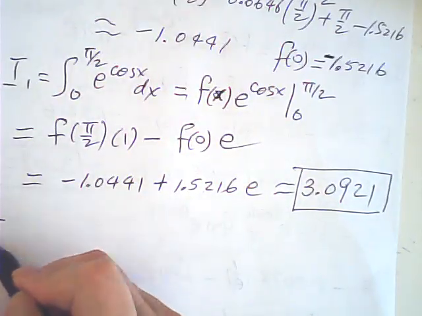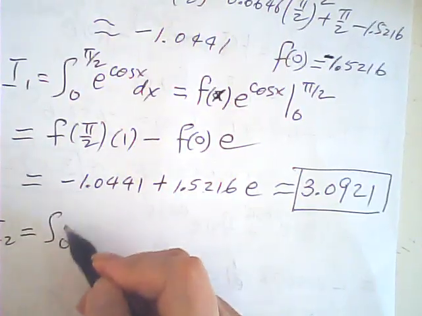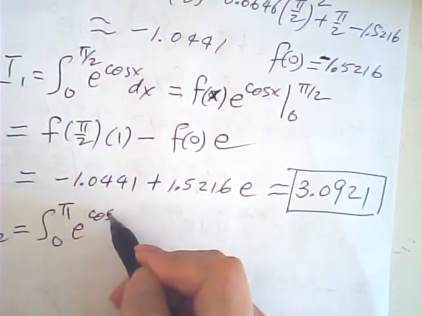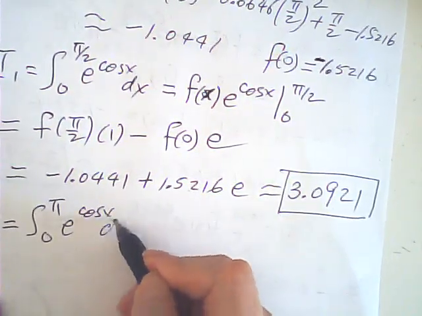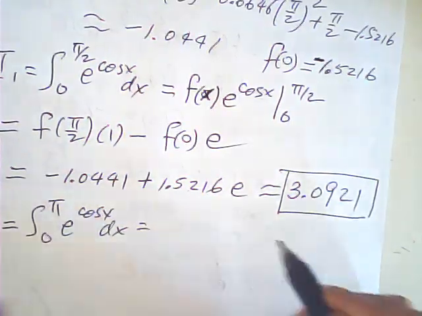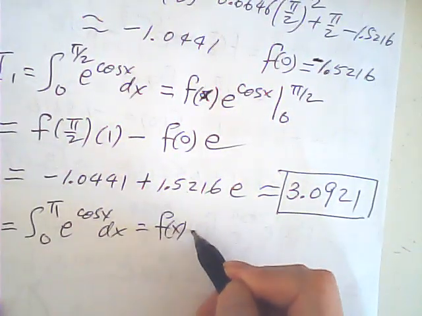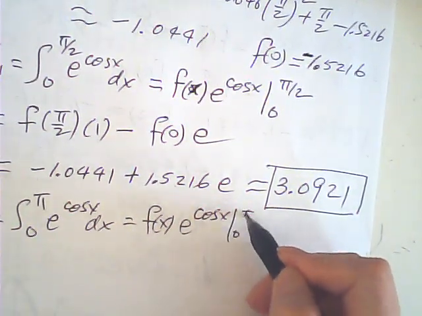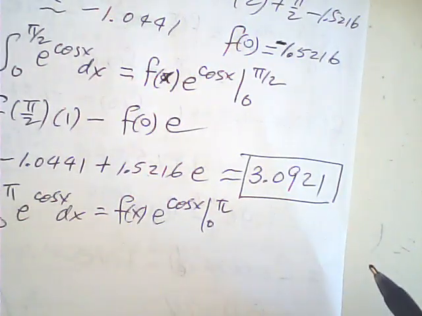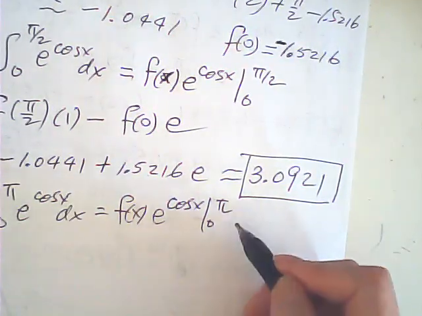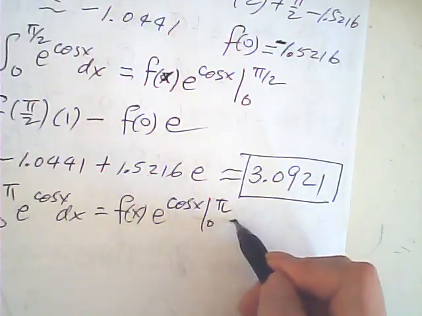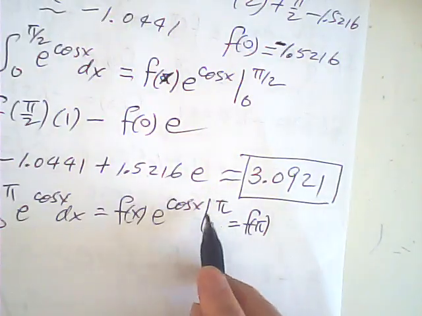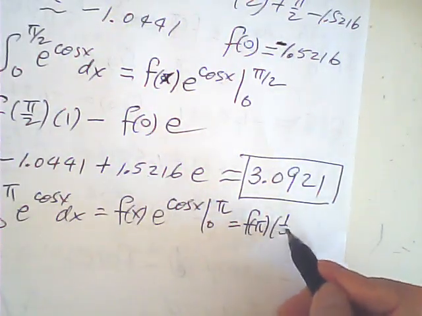For I2, I2 is the integral from 0 to pi of e to the cosine x dx, equal to f of x e to the cosine x from 0 to pi. So this one is equal to f of pi times 1 over e, right?